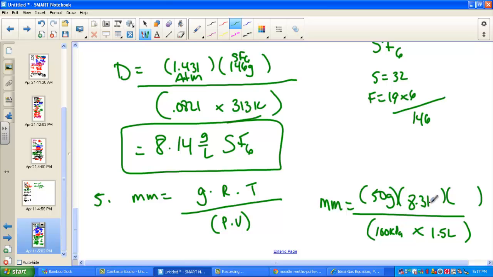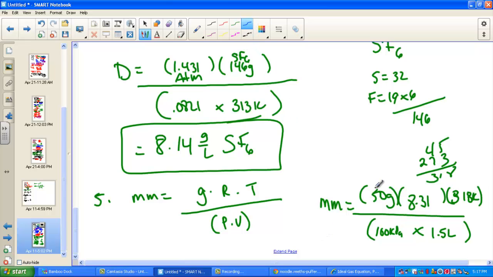That gives me the R of 8.31. And 45 Celsius, 318 Kelvin units. G is 50 grams in that spot. 8.31 is in the R. 318 Kelvin units for T. P, 100 kPa. Volume has been converted to liters. It must be in liters when we use the ideal gas law.